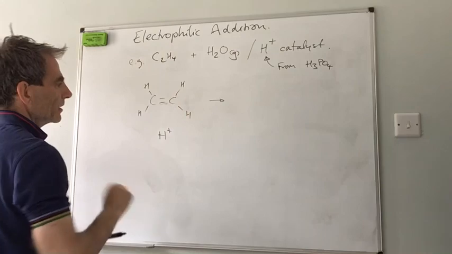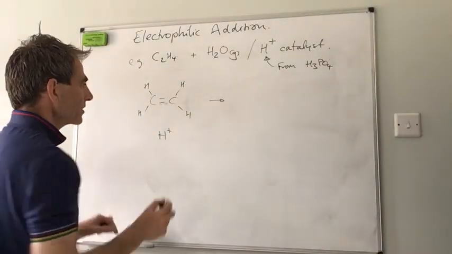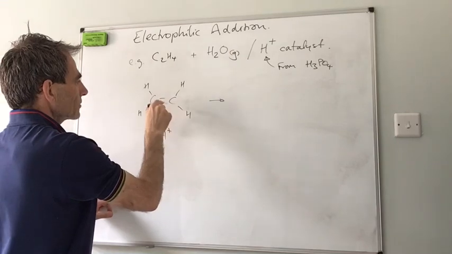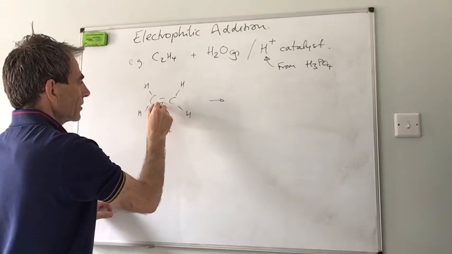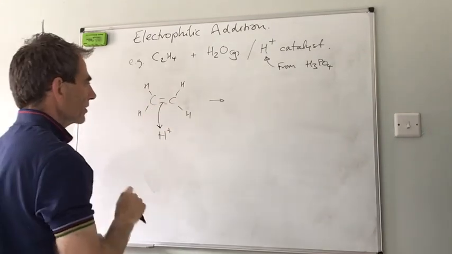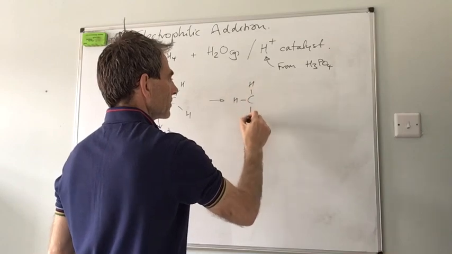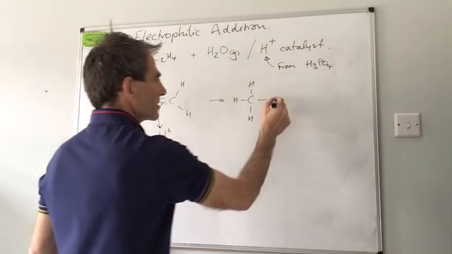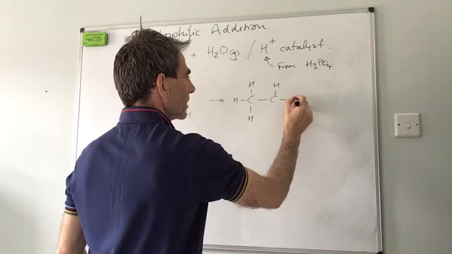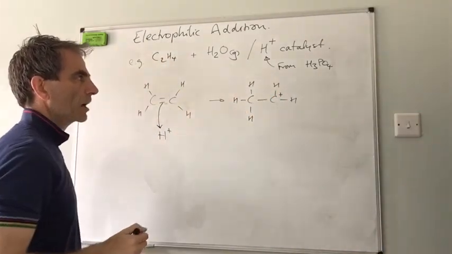Okay, so there's the alkene, there's the H plus from the H3PO4, the phosphoric acid. So pair of electrons from the pi bond, make sure you go from the middle, is going to come out and form a covalent bond with the H plus. So I'll just put that on the first carbon. So that means this carbon here has 2 hydrogens attached, and it's also positively charged, so that's your carbocation.